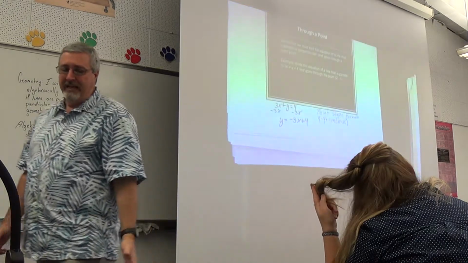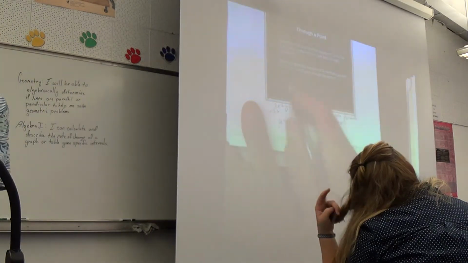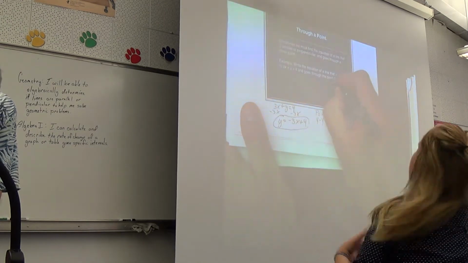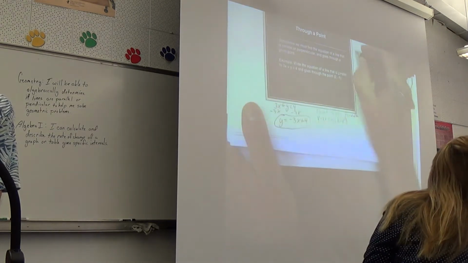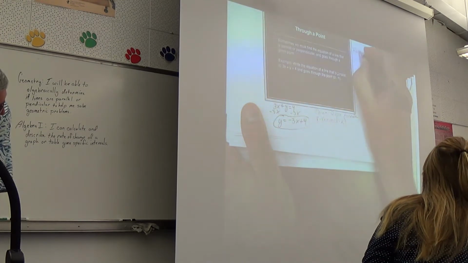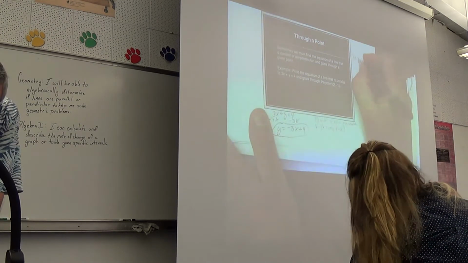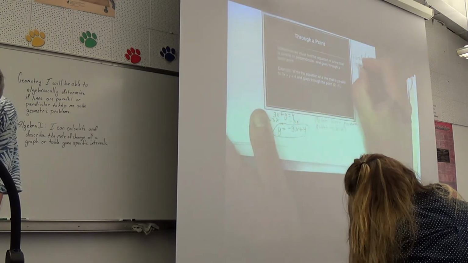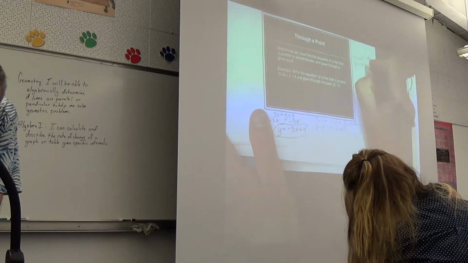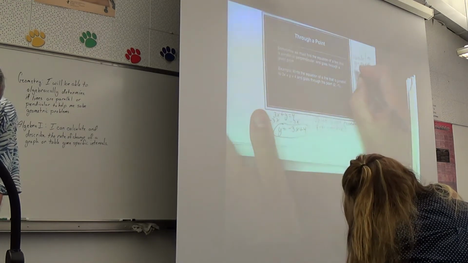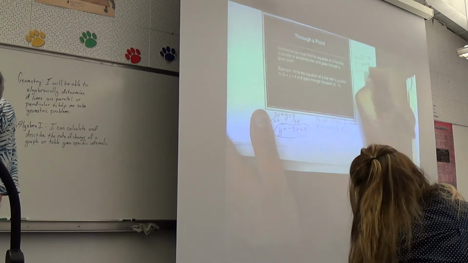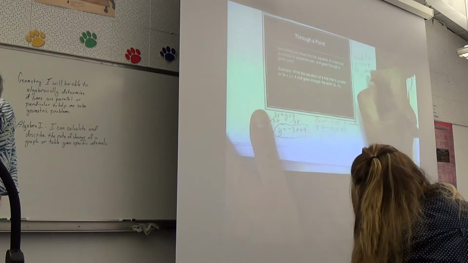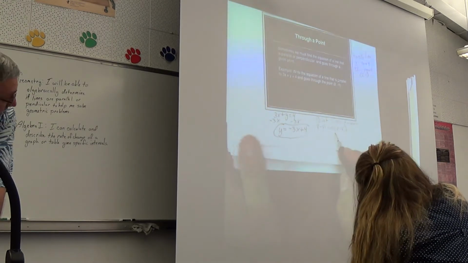So if I'm going to write a line that is parallel to the equation y equals negative 3x plus 4 and goes through the point 2, negative 1, I'm going to use this formula.